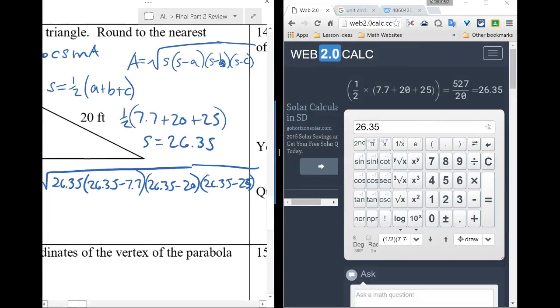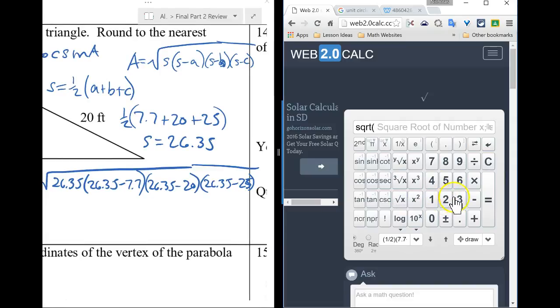Okay, so we're going to do the square root of 26.35 times 26.35 minus 7.7. This is where it can get tricky. Just make sure you don't make mistakes plugging it in to the calculator. 26.35 minus 20 times 26.35 minus 25.